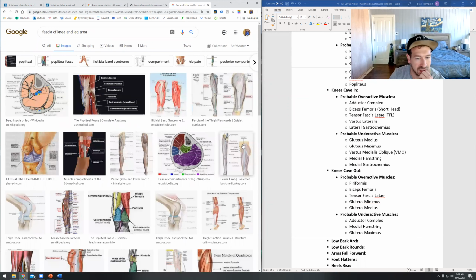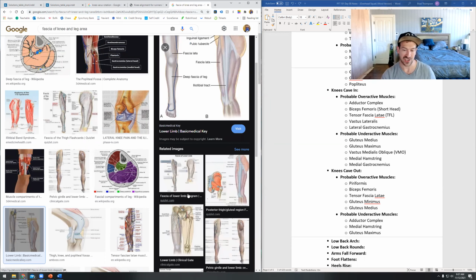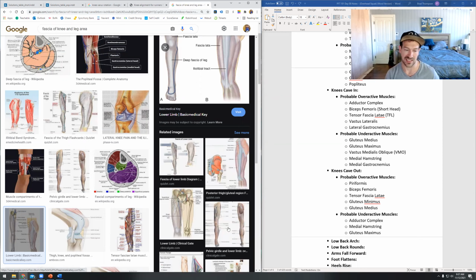Let me find a good picture of that all together. So you can see all the fascia that's wrapping that all together. The tensor fasciae latae is this section right here, then your IT band, then your vastus lateralis and your biceps femoris short head. All that tight fascia is working together to get really tight on the outside of the knee.